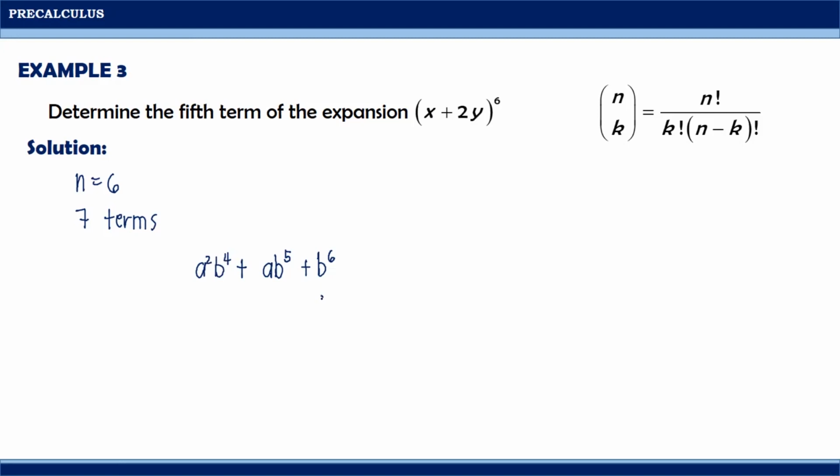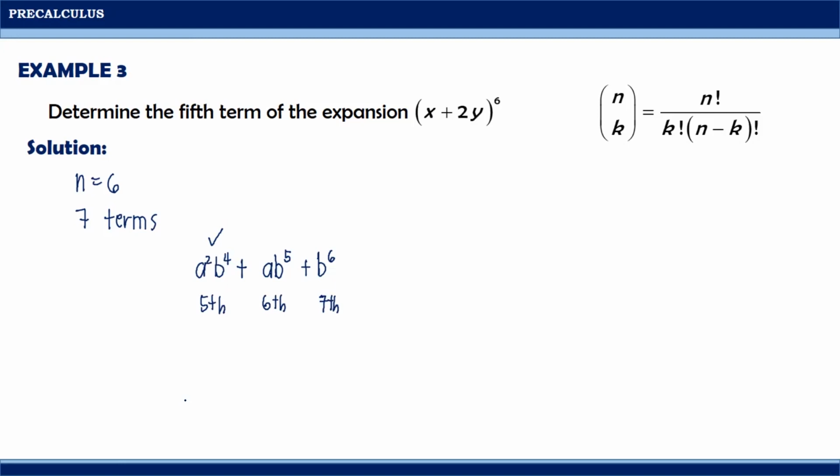So remember that this is your 7th term, this is your 6th term, and this is your 5th term. Therefore, we are looking for the term with variables a squared b raised to 4.